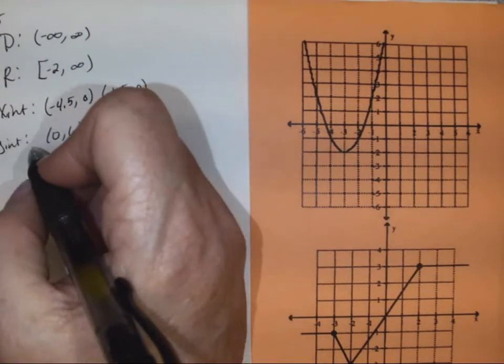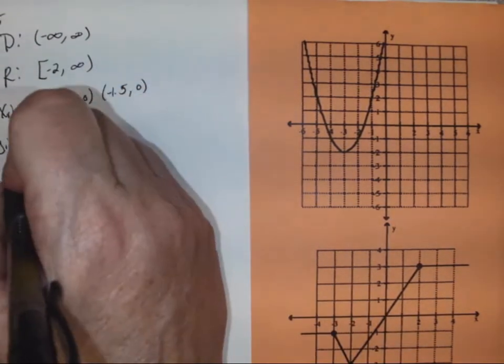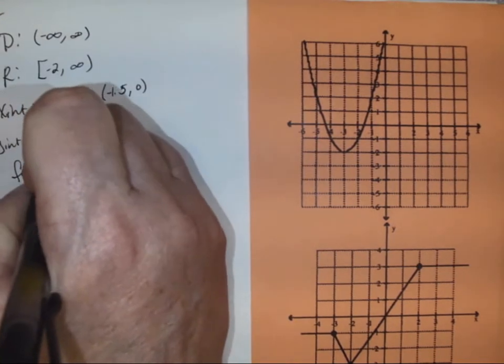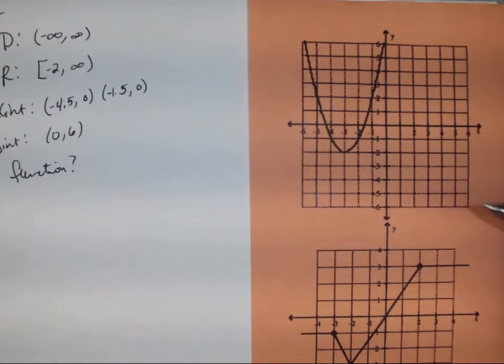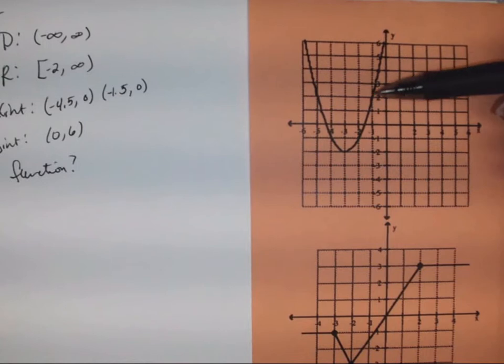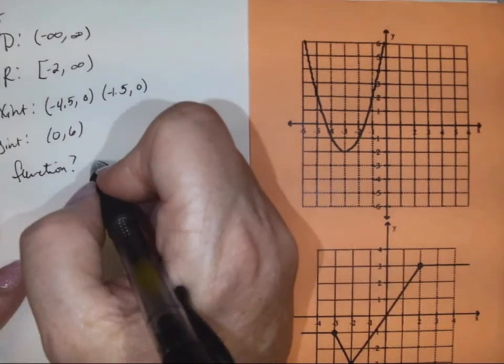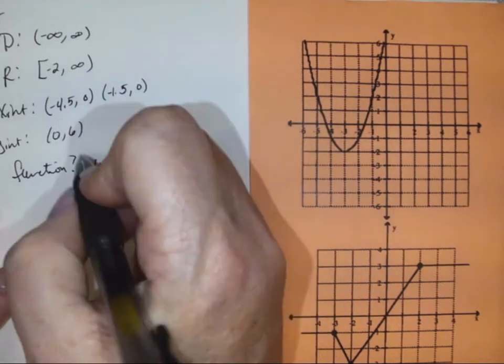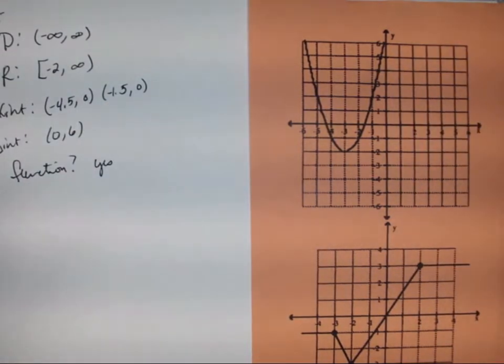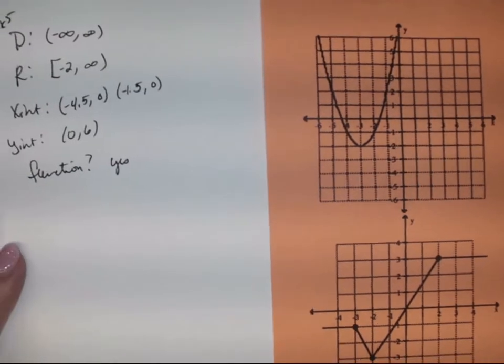And then we were asked to find, is it a function? Well, we would figure that out by drawing one vertical line somewhere on our graph, and it will only touch once. So we would say yes, and you actually have to draw the line on yours. If you don't draw the line, you don't get full credit. So draw the line.